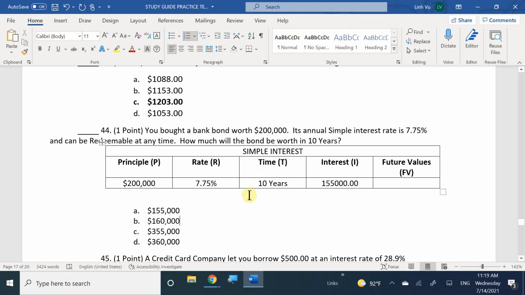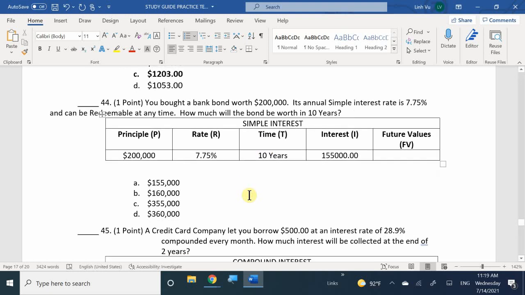No, you are calculating correctly, but you're not answering the question correctly. You answered the interest correctly. Now what's the formula for future value? I don't know. Can you repeat it?